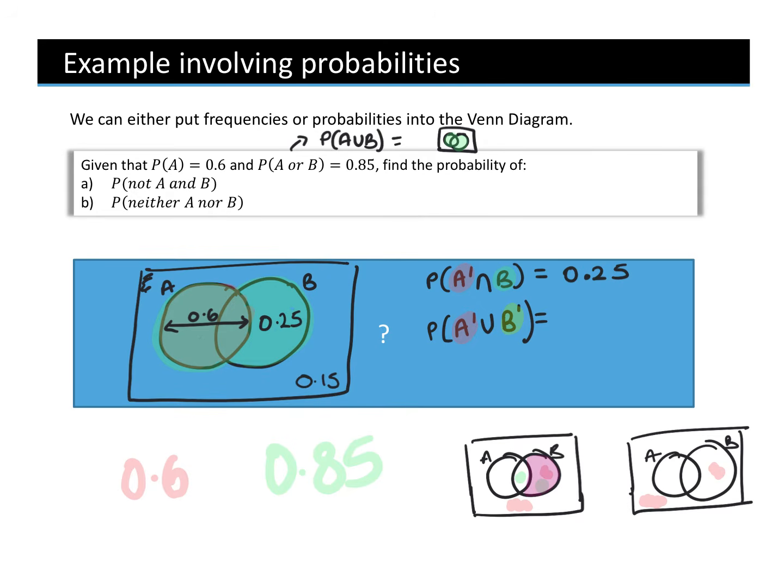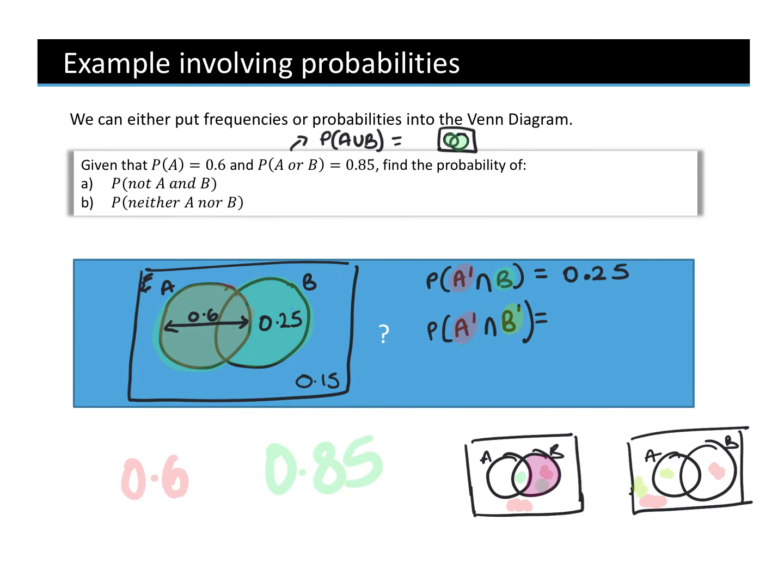Where is not B? This is not B, and the outside is not B. Now it says the union. It can't be right. Sorry everyone. I accidentally put it's not the union here. It's neither A and B.